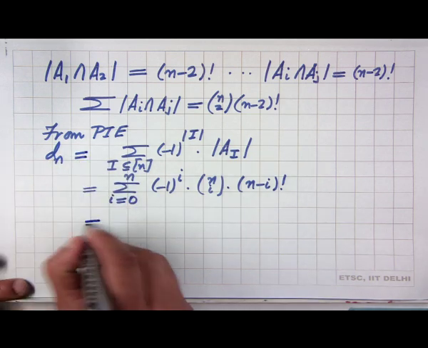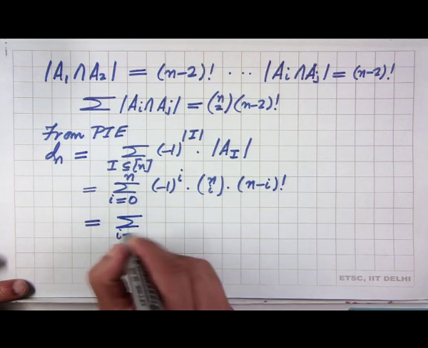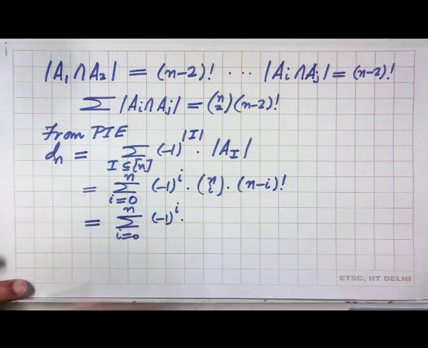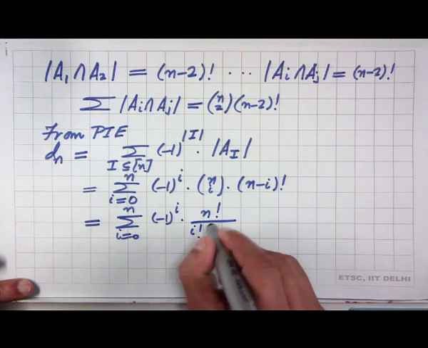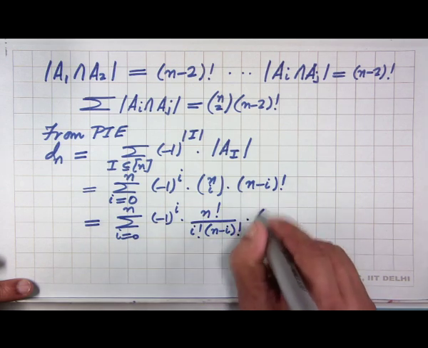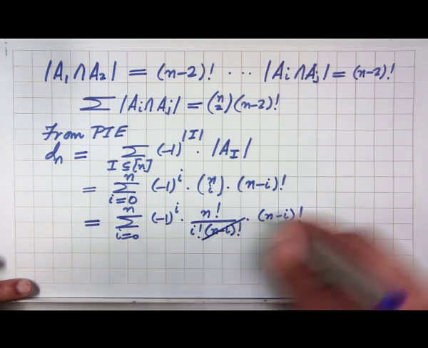We can simplify this a little bit. If you simplify this a little bit, you get sum i from 0 to n, minus 1 to the power of i. And I could write this as n factorial over i factorial, n minus i factorial, and I multiply by n minus i factorial. And I can cancel these two terms out here.